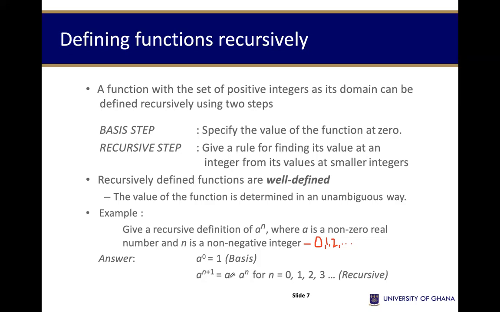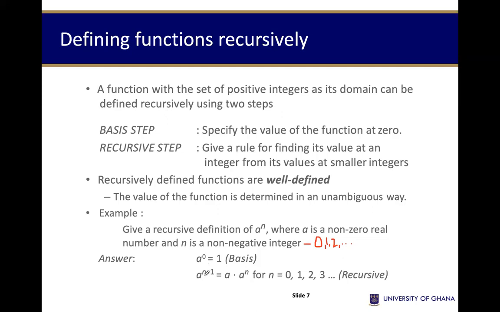So that's going to give us a times a raised to the power 0, and a raised to the power 0, we already know to be 1. So at this situation, a to the power 1 is going to give us what? a. Because it's going to give us a times a raised to the power 0, and a raised to the power 0 is 1. So at the end, a to the power 1 will give me a. Then I can easily move on to deal with when n is 1.